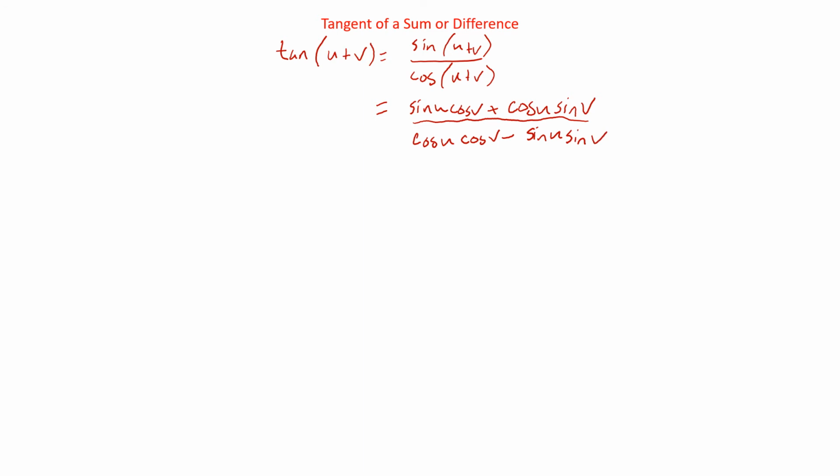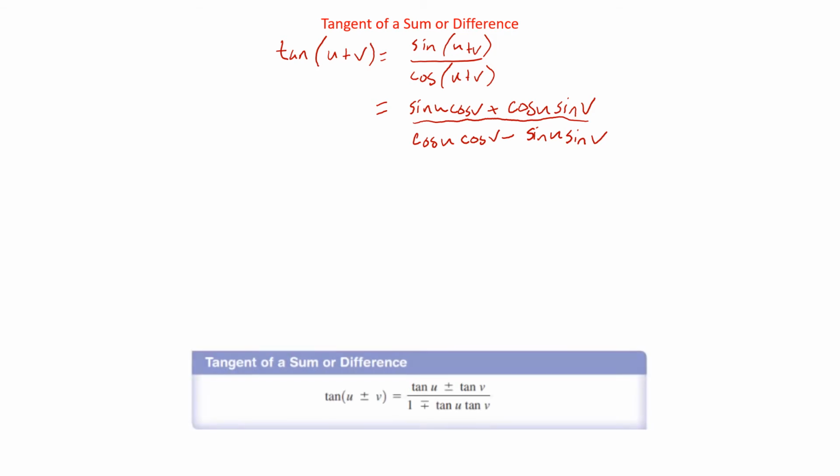And then we can divide everything by cosines, and it simplifies kind of, depending on what you want to consider simplifying. It can be written this way: tangent u plus or minus tangent v over 1 minus tangent u tangent v.